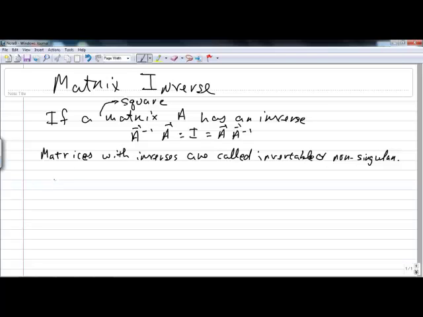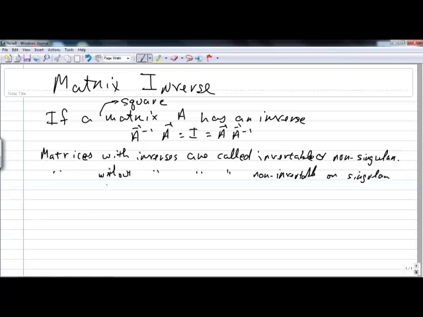If a matrix does not have an inverse, we say it's non-invertible or singular.